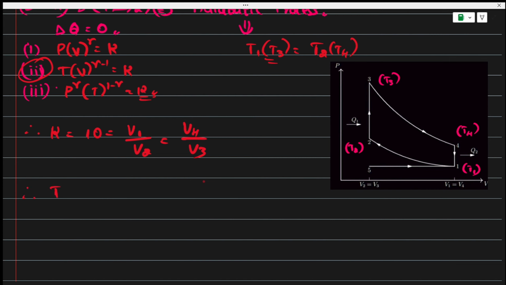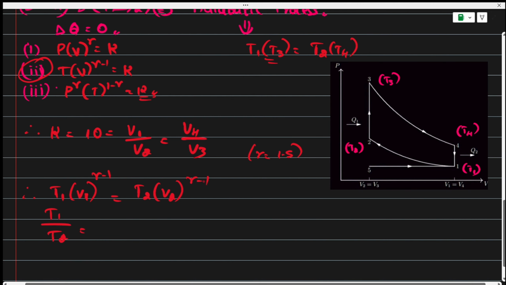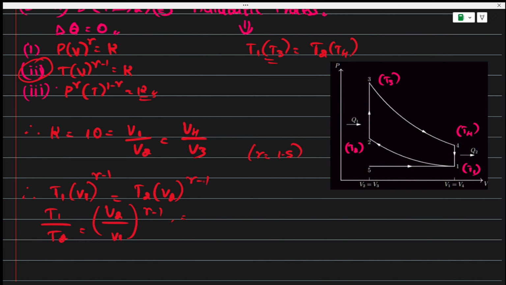If I take T1, the corresponding volume will be V1, and if I take T2, the corresponding volume will be V2, to the power gamma minus 1, and we know that gamma is equal to 1.5, so 1.5 minus 1. T1 by T2 is equal to V2 by V1 to the power gamma minus 1, which is V2 by V1 whole to the power 1 by 2.